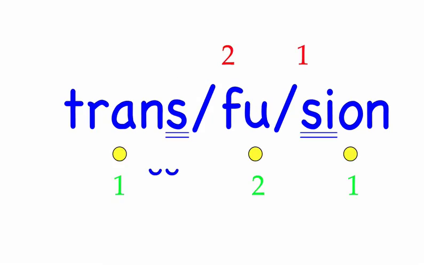Few, 2 sounds. F, u. Jean, 3 sounds. J, a, n. Transfusion. Mark the word. Transfusion. And this completes the dictation of words from lesson 497.